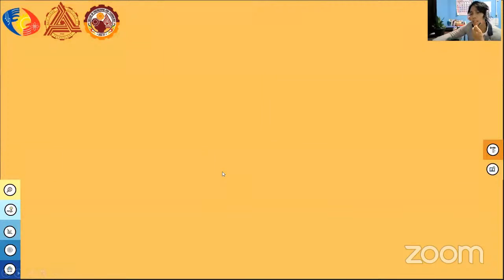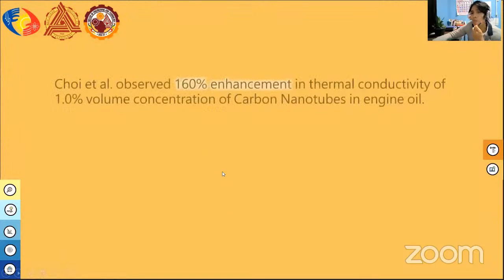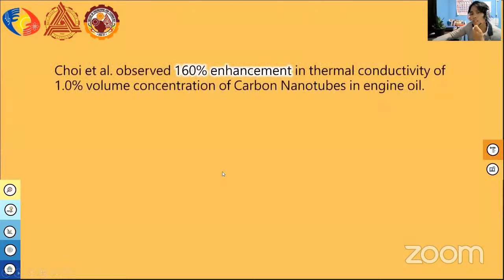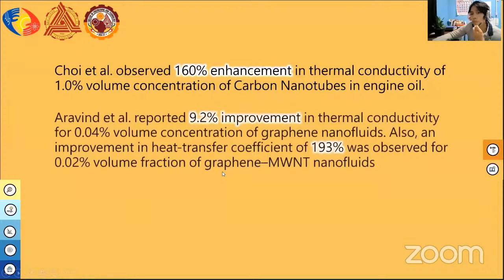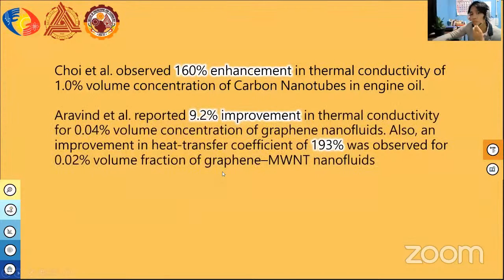The concept of nanofluid was coined by Stephen Choi of Argonne National Laboratory, USA, and was probably the first to test such fluids. In one of their researches, they observed a 160% enhancement in thermal conductivity of 1% volume concentration of carbon nanotubes in engine oil. Another study reported thermal conductivity improvement of 9.2% with graphene nanofluids.